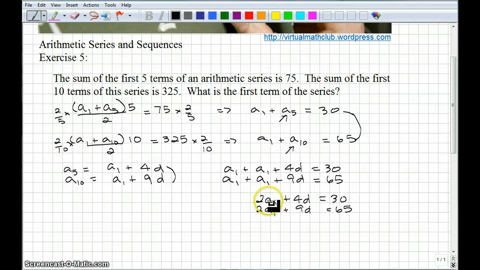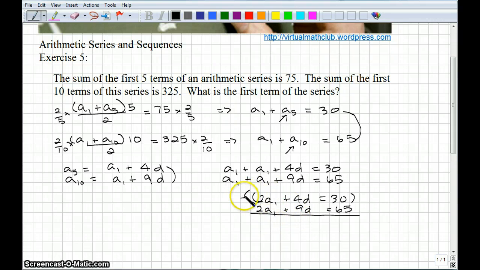Now, I could divide this one by 2, but if I just take those two equations and subtract, actually I'm going to take the negative of the top one, because it's smaller, so my result will be positive. Then I get a negative 2a1 and a positive 2a1, and that just becomes 0.